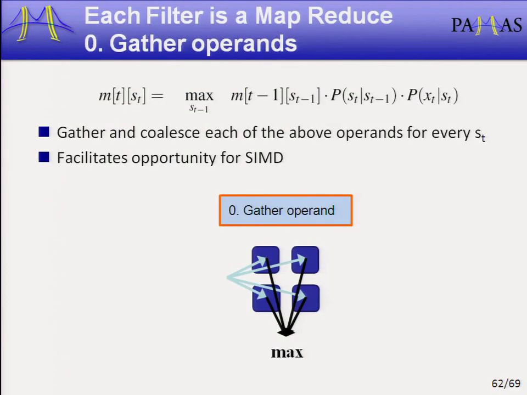Gathering operands is basically a MapReduce, although it's really just data movement. There's no real computation. We're just getting all the operands together in one place. Okay, all you parallel programmers out there, why are we doing that?